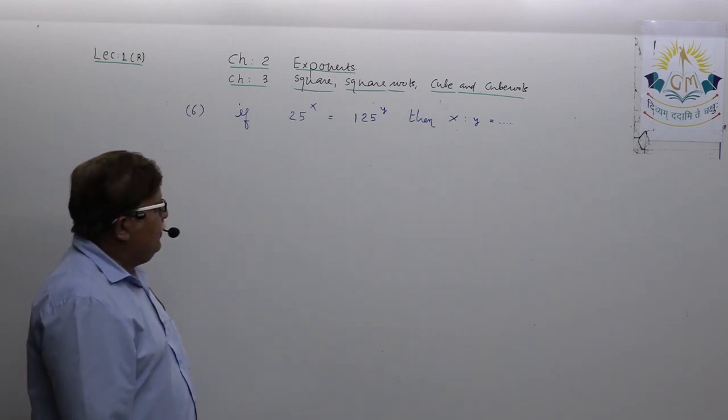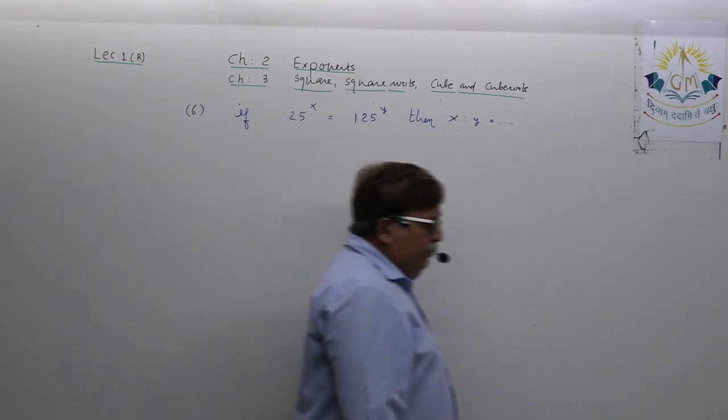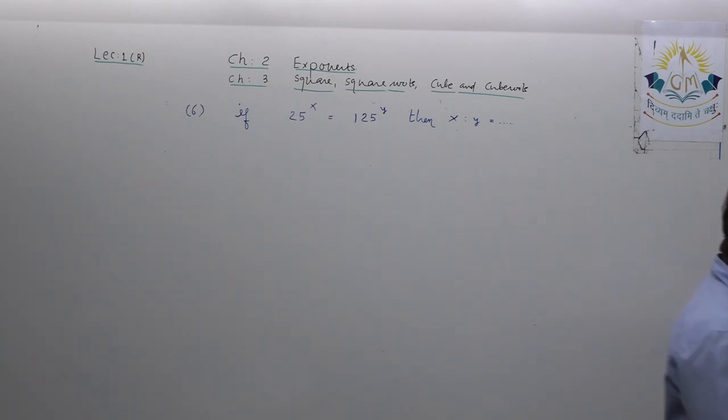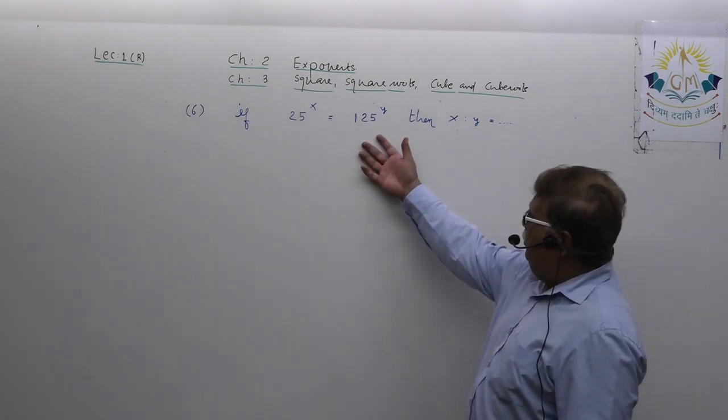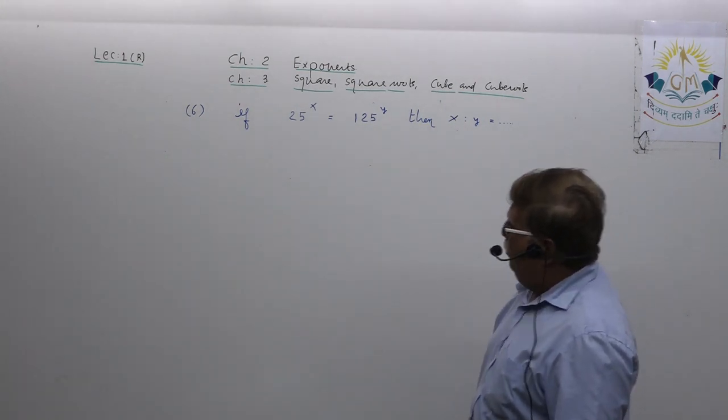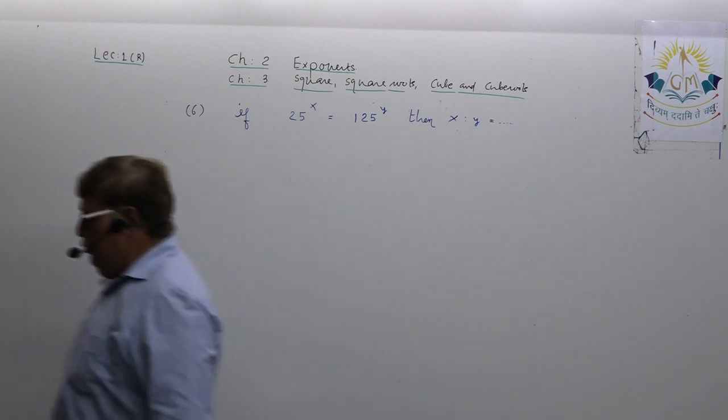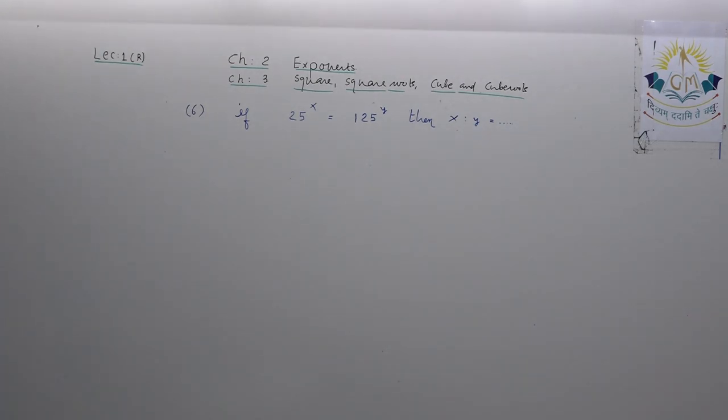Okay, if 25 raised to x equal to 125 raised to the power of y, then you are looking for what is the value of x is to y that we are targeting. Just from this particular expression, you have to find x is to y. Okay, first you concentrate and then try.